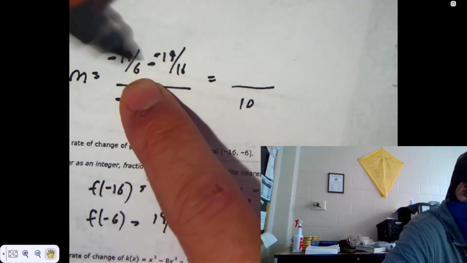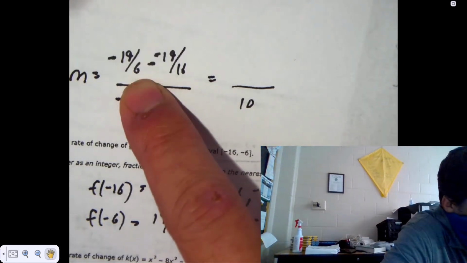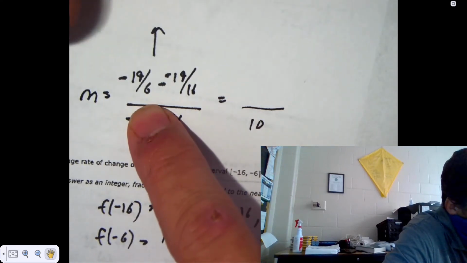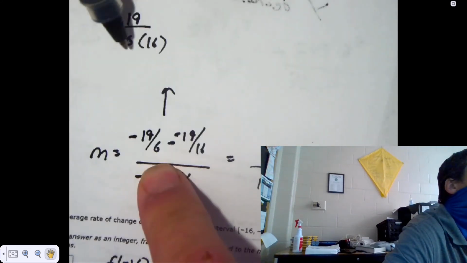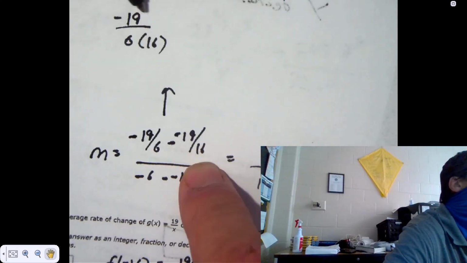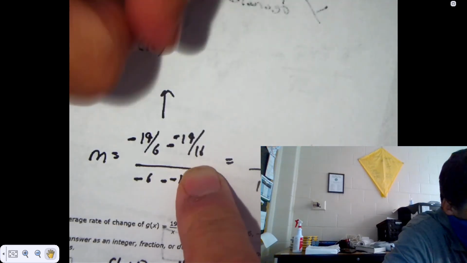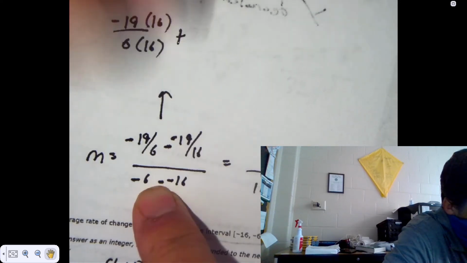So in order to turn this into a 96, I give it a 16. I'm going to do this up top. I don't want to mess this up. If I multiply the bottom piece by 16, what do I have to do to the top of that fraction? Multiply it by 16. Taking away a negative is addition.